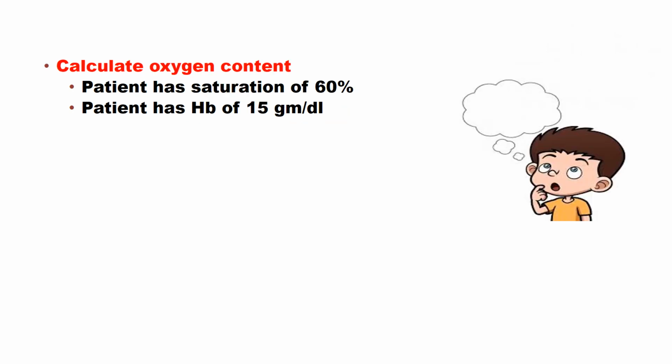Here you have to calculate the oxygen content when the patient has a hemoglobin saturation of 60% and hemoglobin of 15 gram per deciliter. Oxygen content is the amount of oxygen that is carried in dissolved form and bound to hemoglobin.